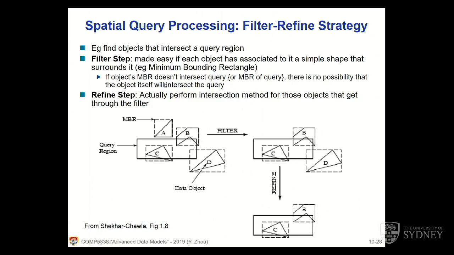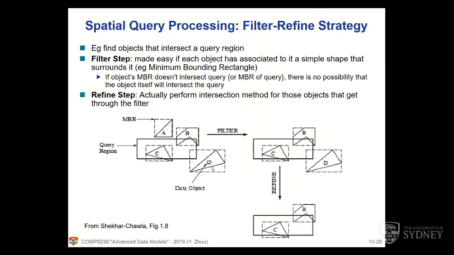Once we get the rectangle, the filter step is basically to check whether the object's MBR intersects the query. If it doesn't, then there's no possibility that the object itself will intersect with the query. So we can use this to filter out a large set of impossible objects and get a smaller subset.